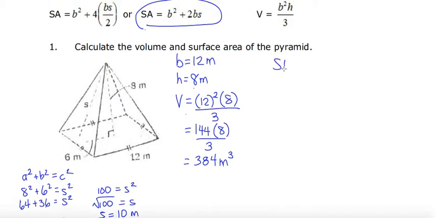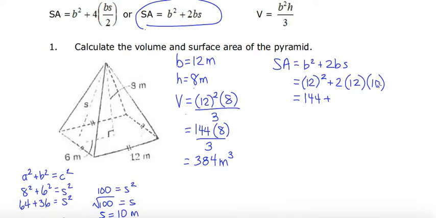Now that we know the slant height, we can calculate the surface area of our pyramid. Using the simplified version of the surface area, we have b squared plus 2bs. I'm going to substitute in the values for my variables. My base is 12, so 12 squared, plus 2 times 12 times my slant height of 10, which we just calculated. Following order of operations, 12 squared is 144, plus 2 times 12 times 10.